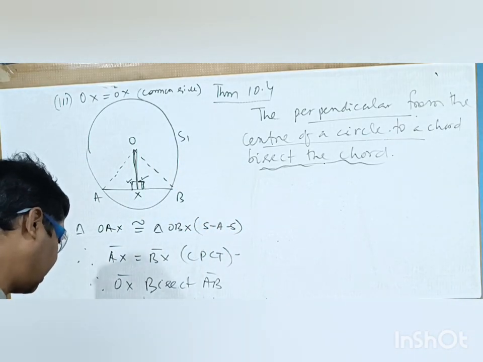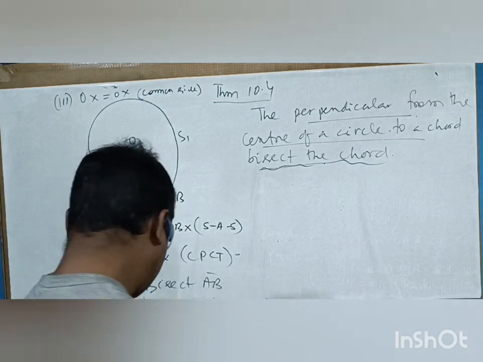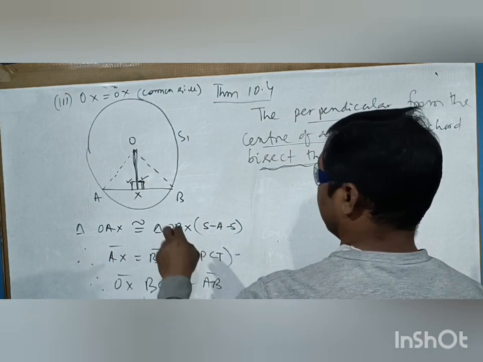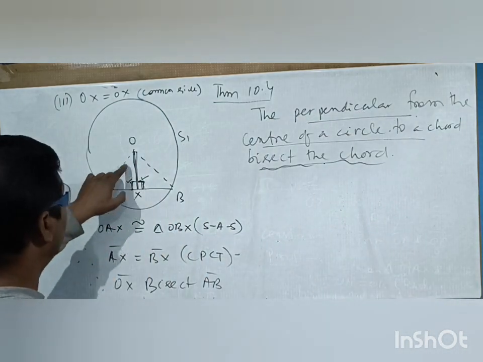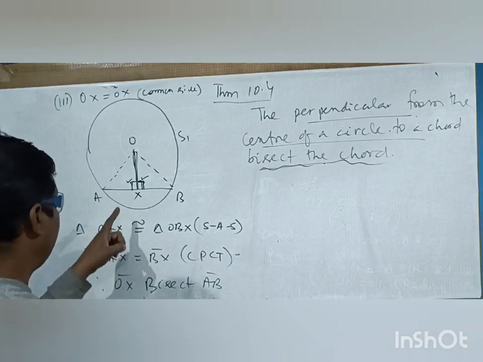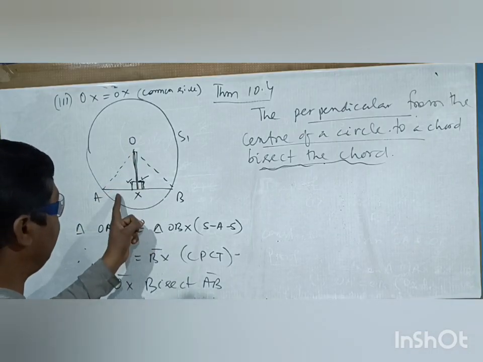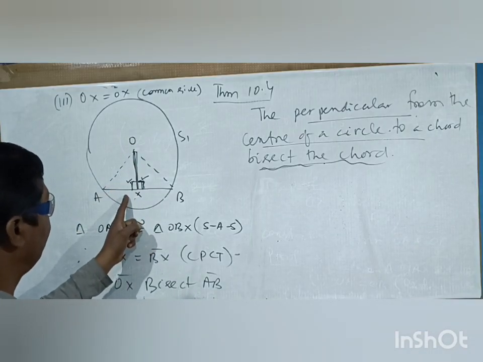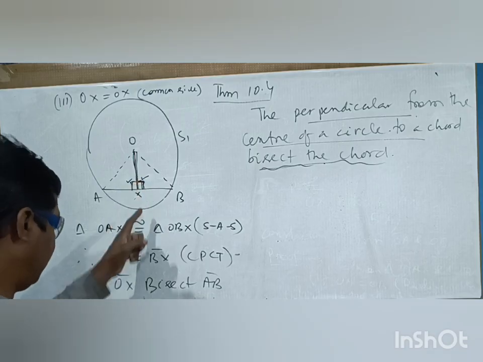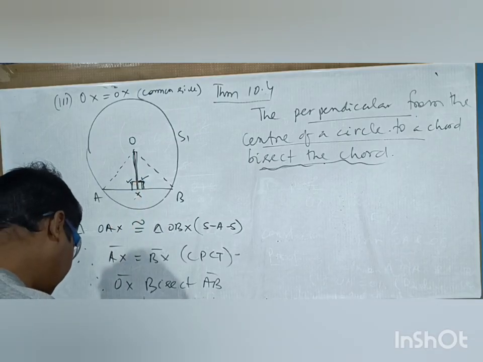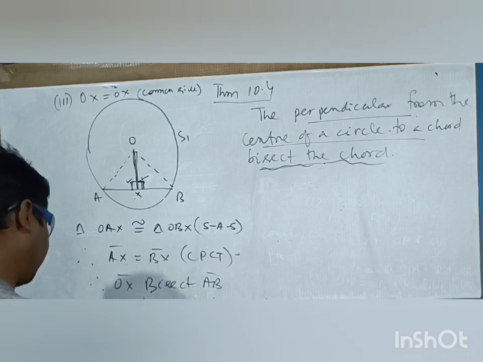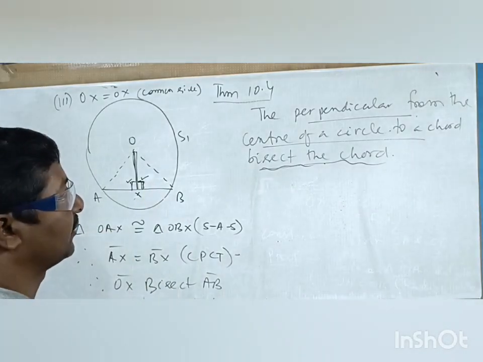If this OX bisects AB, then prove that it will be perpendicular to the chord.